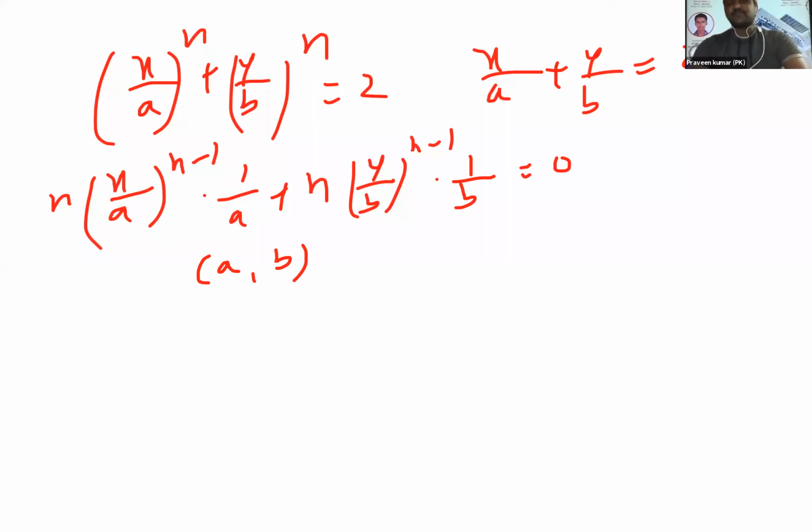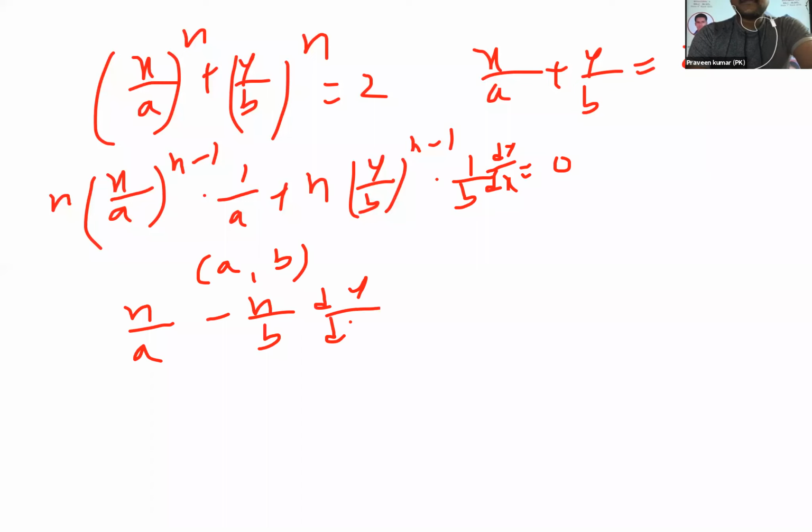At the point (a, b), if you substitute, what you will get? Here dy by dx also is there, no? In place of x, I mean this one: n by a plus n by b dy by dx is equal to 0. dy by dx is equal to minus b by a.